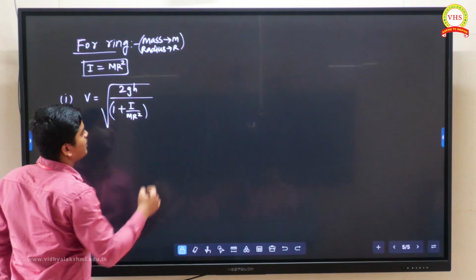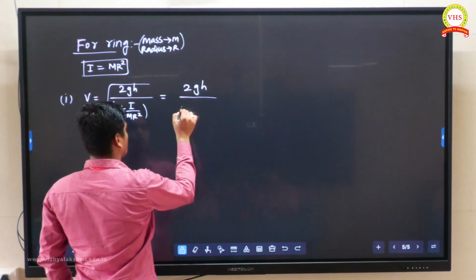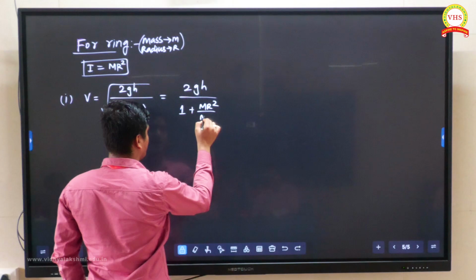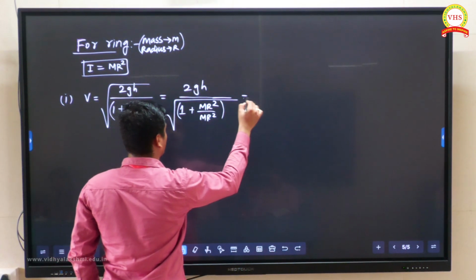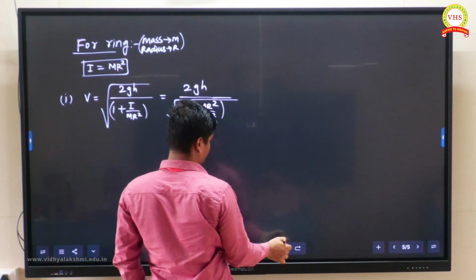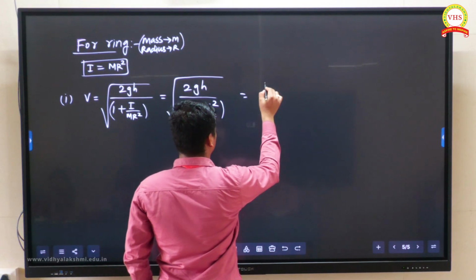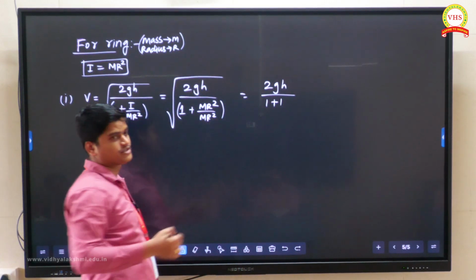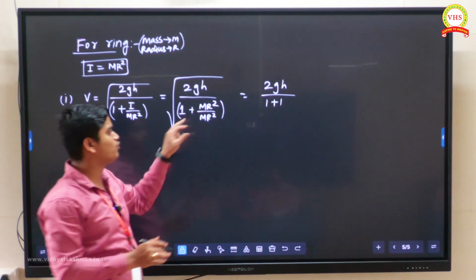Now if I am substituting here, 2gh divided by 1 plus I, value mr square by mr square. Root is there, all under root. Now what will happen? 2gh divided by 1 plus 1, because this mr square will get cancelled, you will get 1 here.